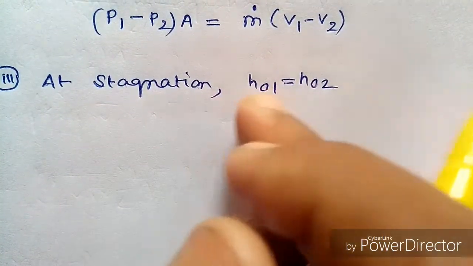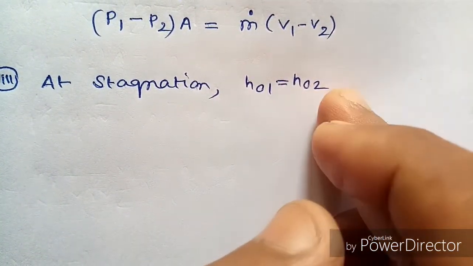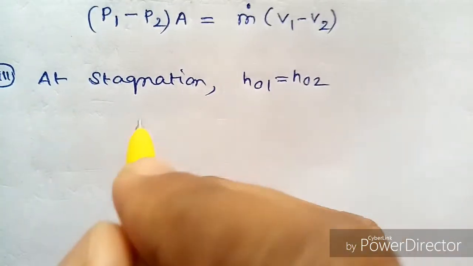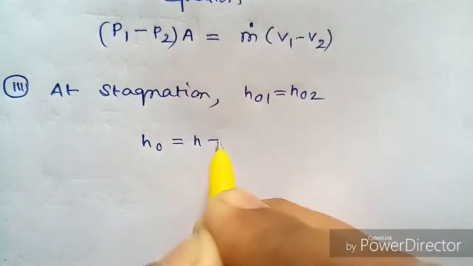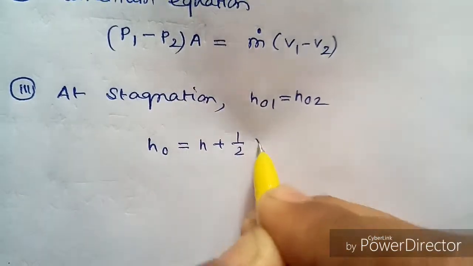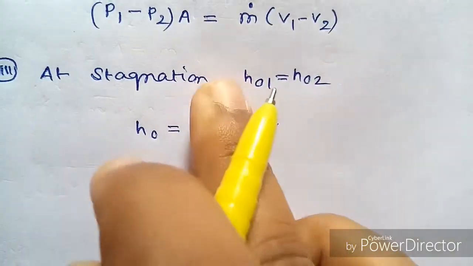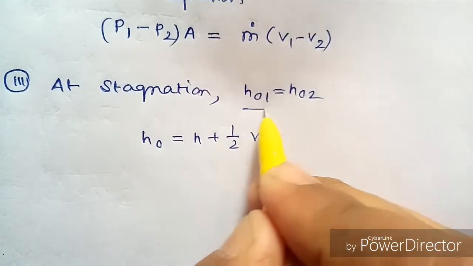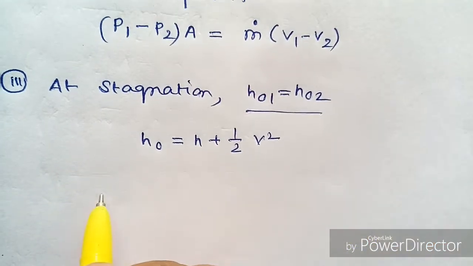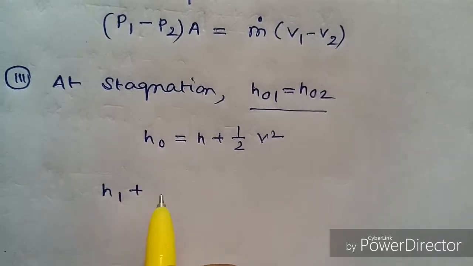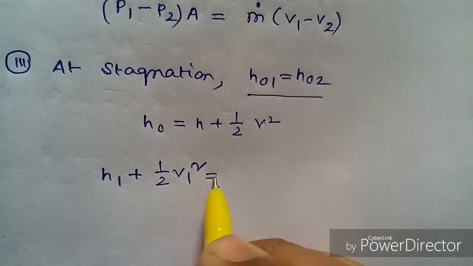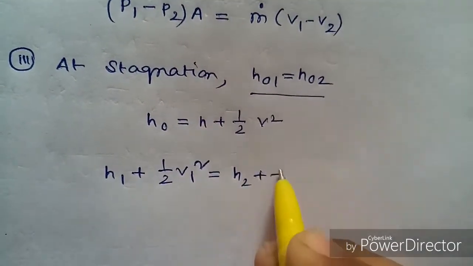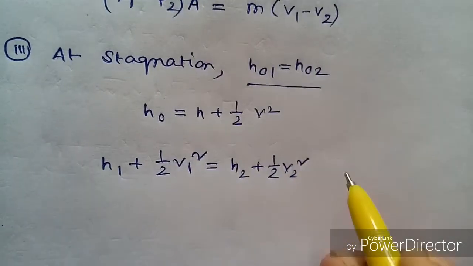Next, at stagnation, H01 is equal to H02, and we know that H0 is equal to H plus half of v squared. So from that we can write H1 plus half v1 squared is equal to H2 plus half v2 squared.